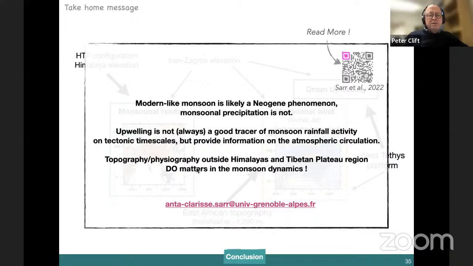What was the evidence for that, especially as I would have expected uplift where we get uplift in East Africa related to the Afar hotspot? I would think that would have uplifted southern Arabia as well. So are you confident about that?